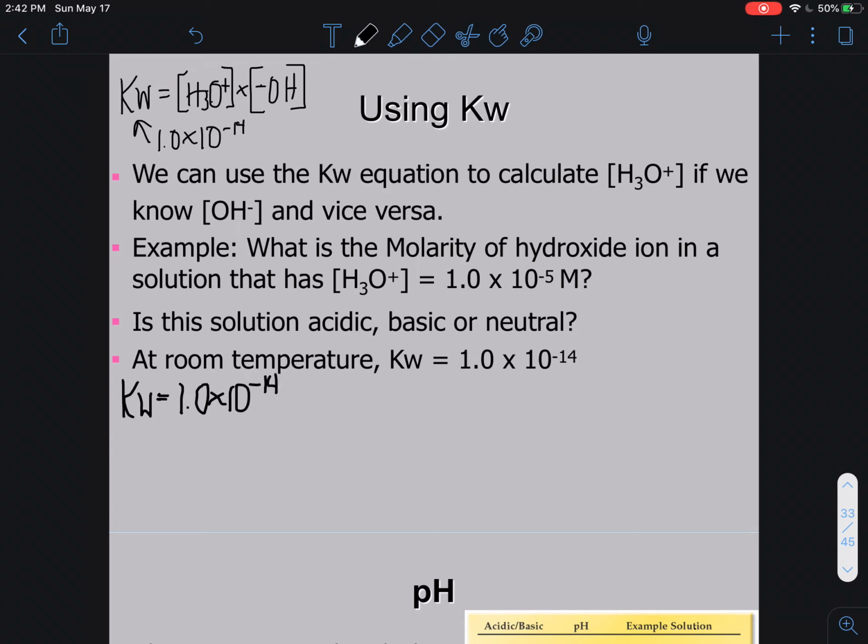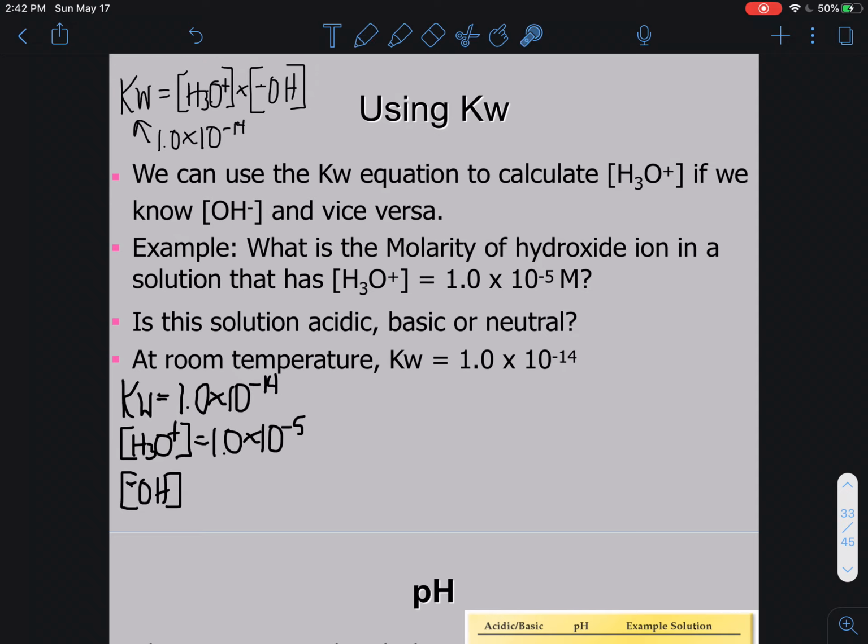Okay, KW is 1.0 times 10 to the negative 14. Again, that's what I wrote right here. And we have the concentration of H3O plus equal to 1.0 times 10 to the negative 5. We can rearrange and solve for OH minus. We can rearrange this equation up here.